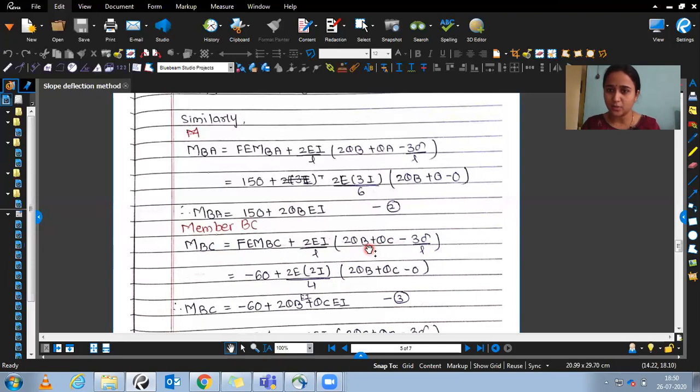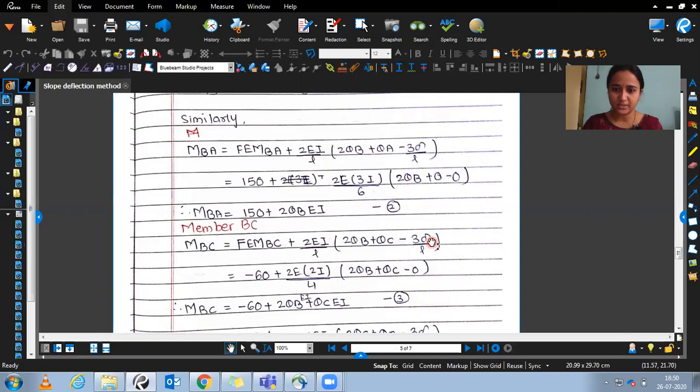So these are the two unknowns we are interested in finding out. So FEM BC is minus WL by 8. Okay, 2EI is given as 2 times I, and L is 4 meter span for member BC. Okay, so this is the modification in this equation.